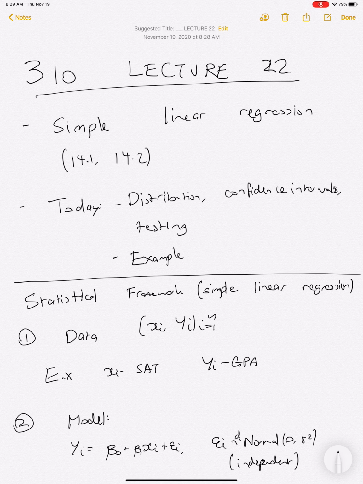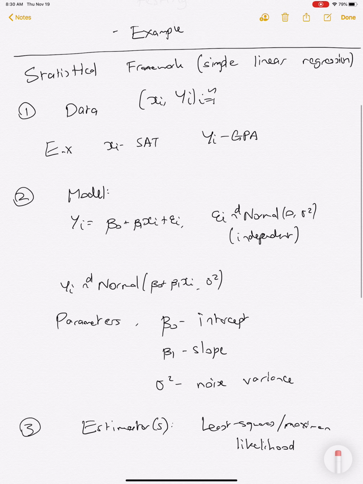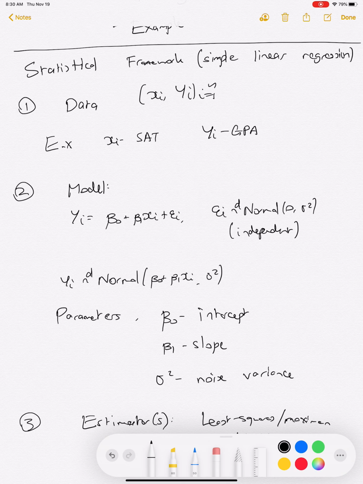So just to put things back into the statistical framework as we've done typically in the course. Remember that our data is xi, which is a feature or a covariate, and then our yi, which is the dependent variable, which depends on the xi, which you can think of as the independent variable. And then the model that we have is the so-called linear model.